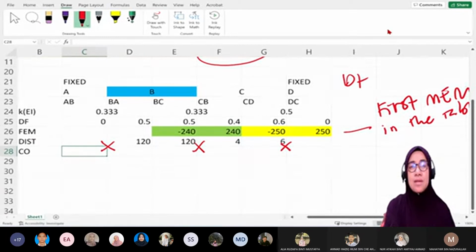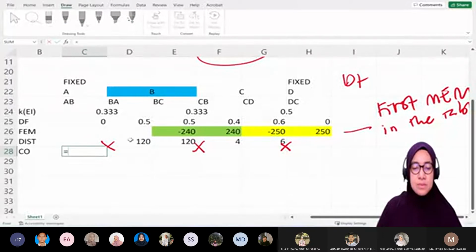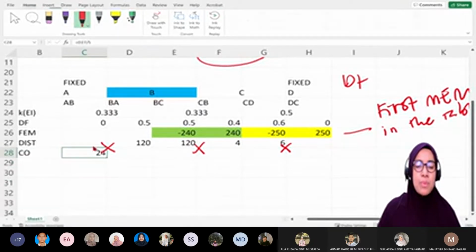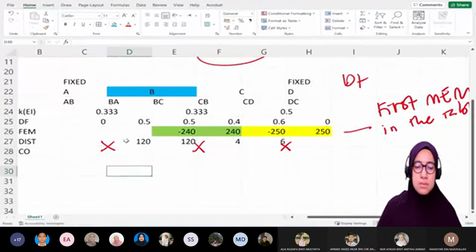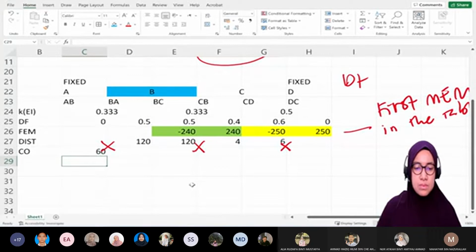Okay, means that between A dengan B, between B dengan C, between C dengan D. Carry to opposite joint. Okay, so 120, when we carry, we divide by 2, we get 60.